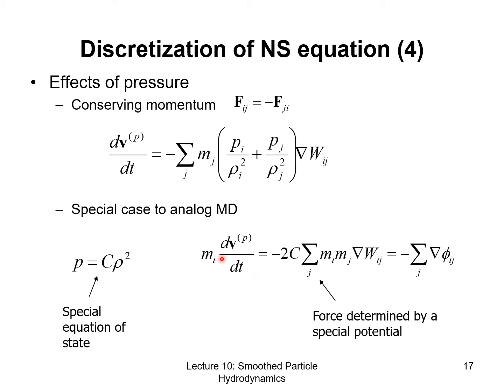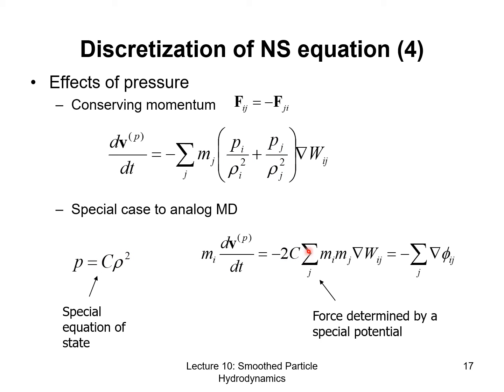If we also assume all the particles have the same mass, then the density cancels out and only one constant C is left.